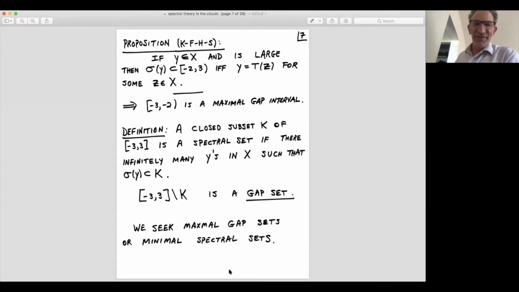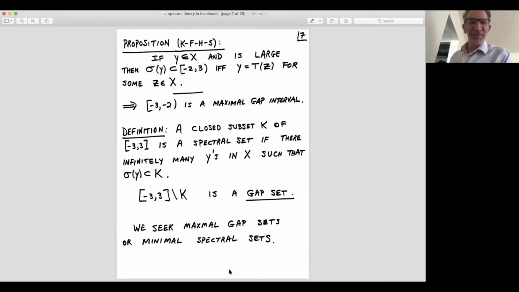Well, if you have these two understandings at both edges, and if the chemistry, the fullerene, wants you to understand what other spectra near the middle you can create gaps, let's make a definition. A closed subset of [-3, 3] is a spectral set. I repeat, everything here is only with graphs that get large.